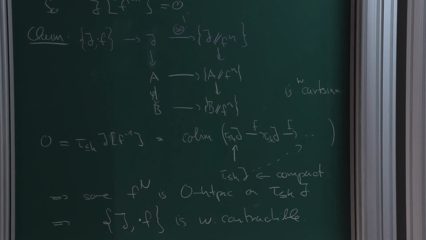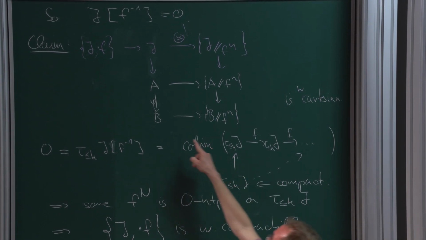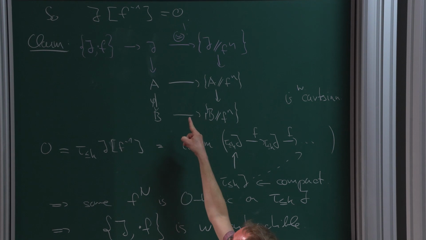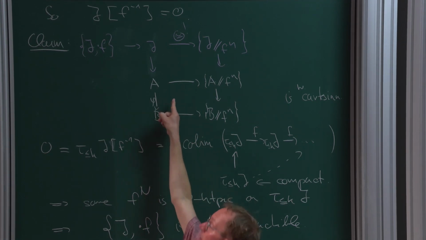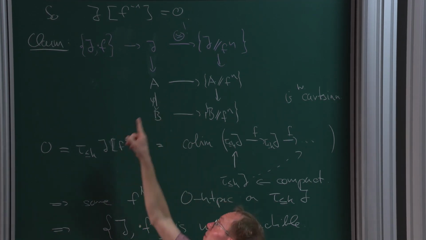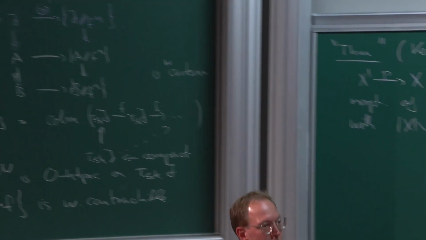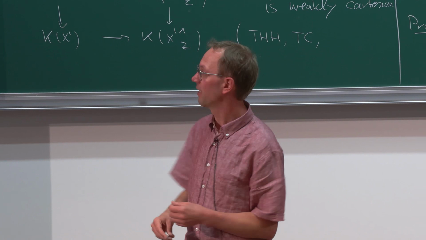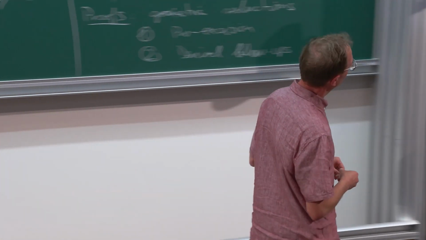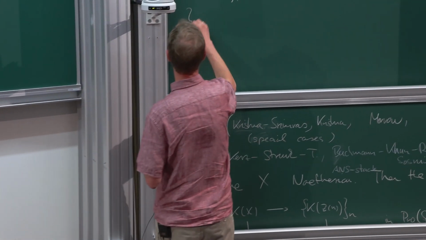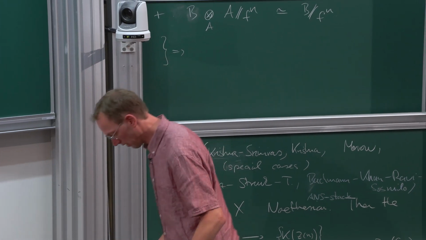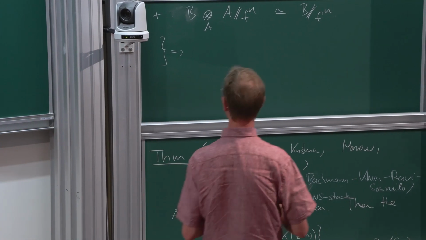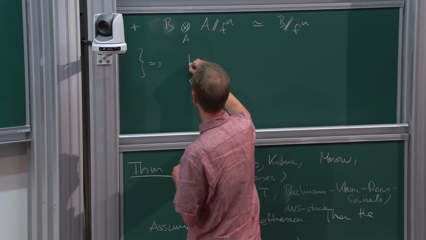It's still connective because these maps are surjections on pi 0, and this map here, the upper one that you get from A to the pullback, is a weak equivalence, as this follows from what we proved here. And then you apply this theorem to this. So these things together imply this finite case.